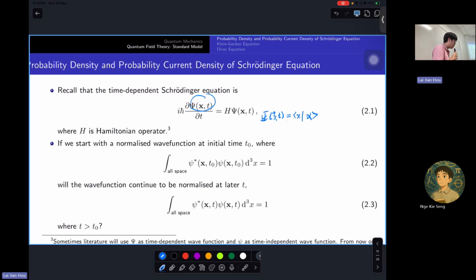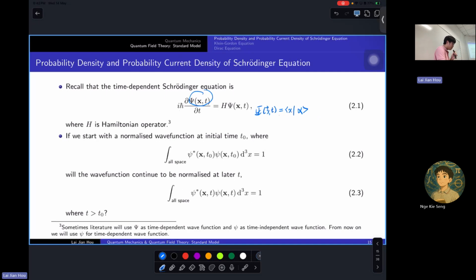And H is our Hamiltonian operator. The Hamiltonian operator is expressed as the kinetic energy plus the potential energy. Although it represents the total energy, it is the non-relativistic version.